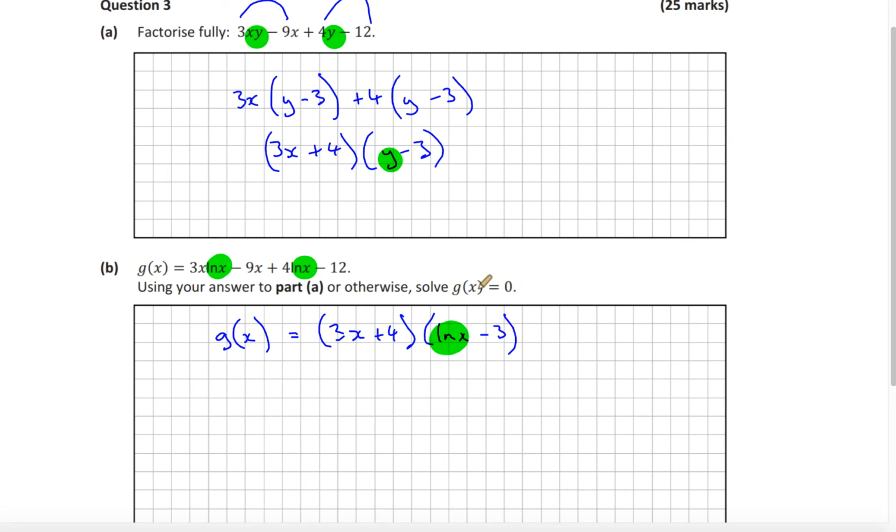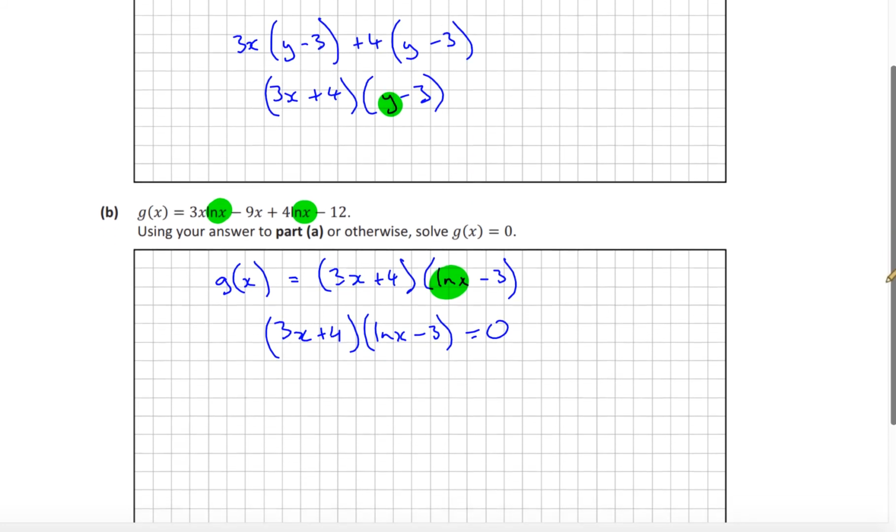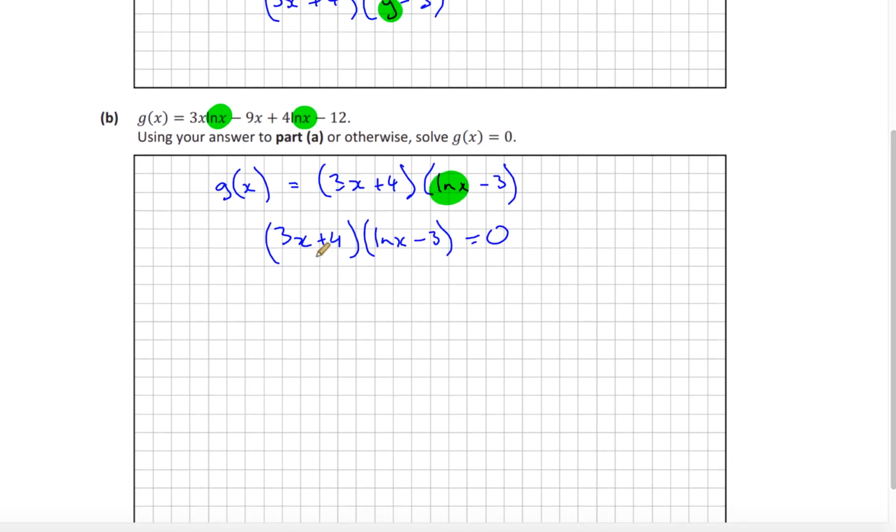And then we want to solve this when it's equal to 0. So when this function is equal to 0, we would have 3x plus 4 by ln x minus 3 equal to 0. So we're going to solve this now. A bracket multiplied by a bracket is 0.